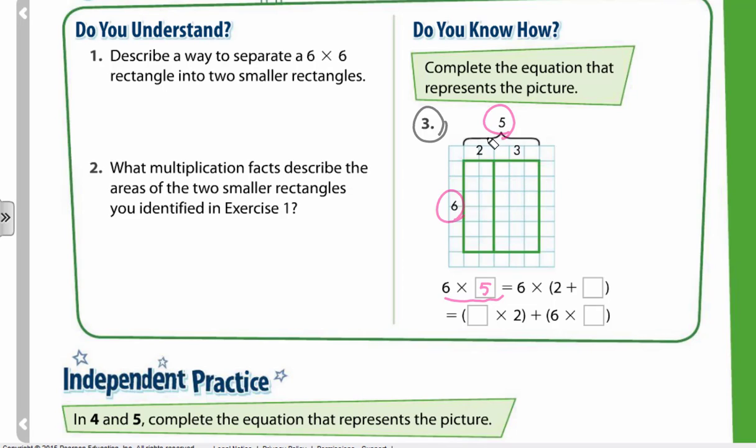Look at the picture and tell me, we break the 5 into 2 plus what? Plus 3. Excellent, thank you. So we break the 5 into 2 plus 3. Thank you.